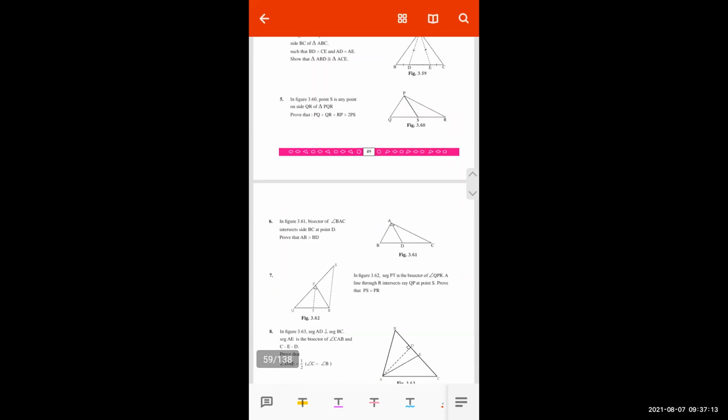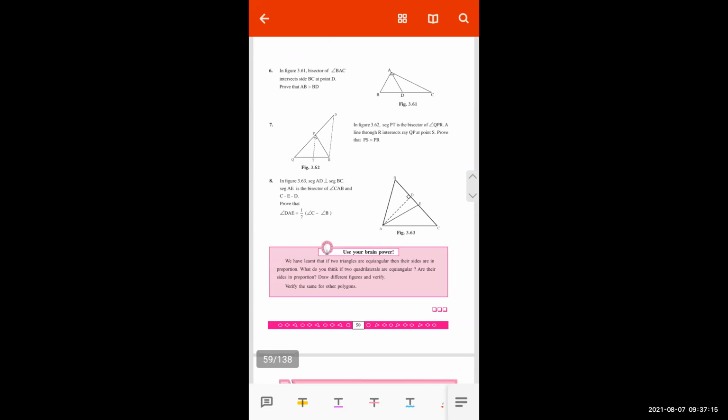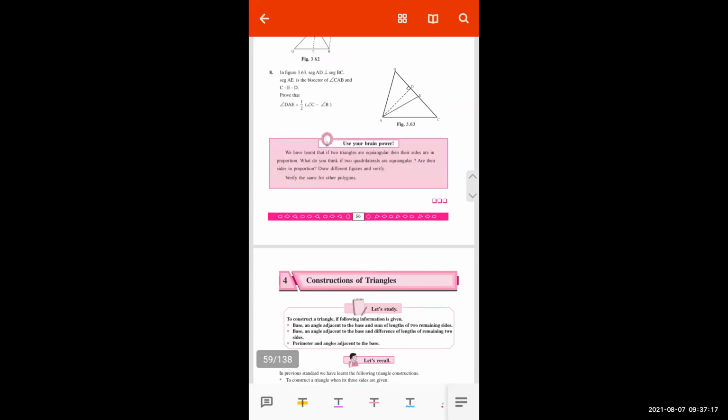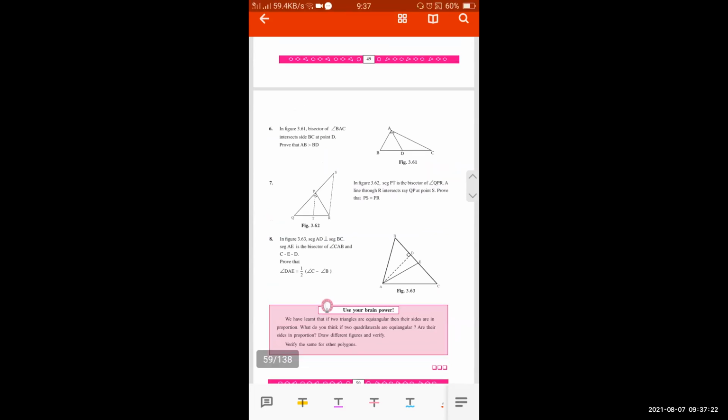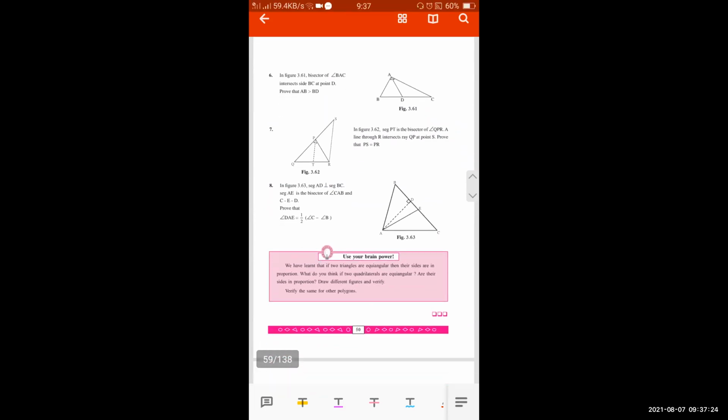So this is the reduced part from lesson number 3. Got it? Just remember that one theorem is reduced completely, and the corollaries.